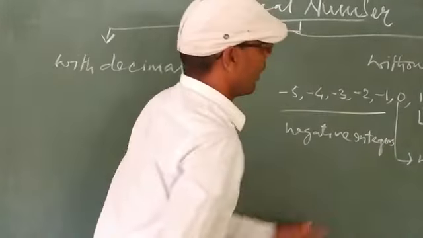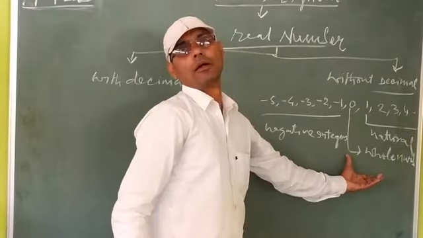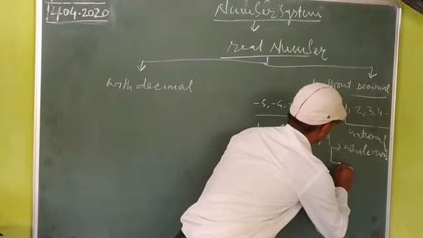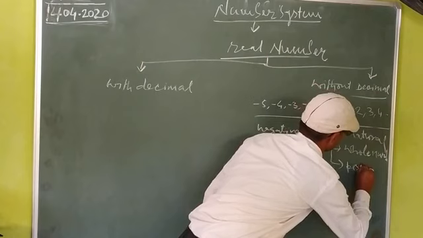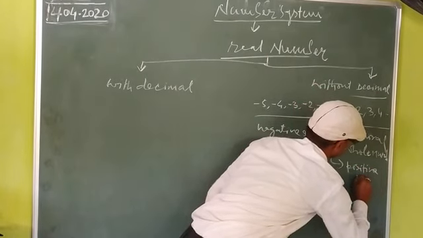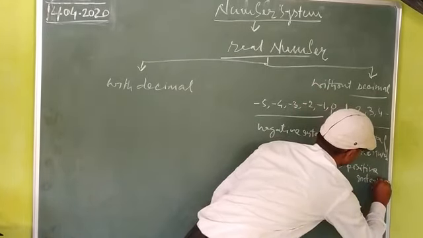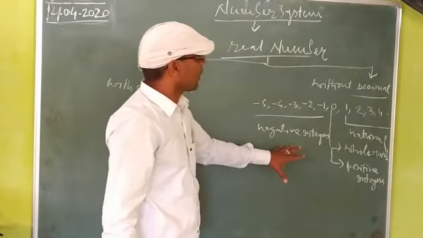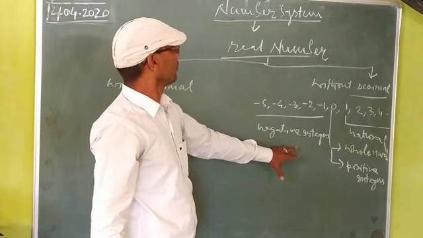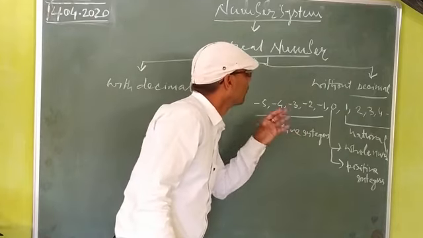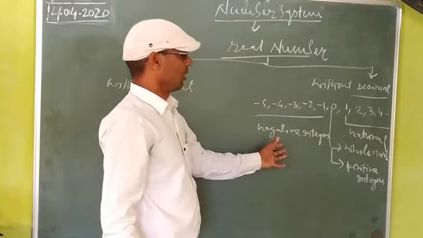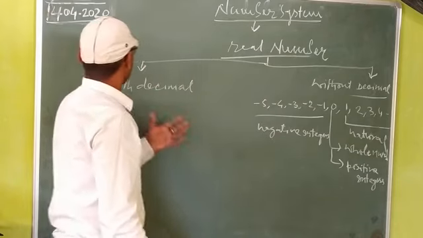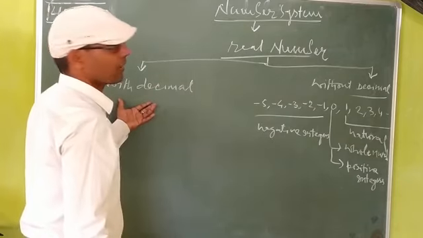You can combine these with the positive integers. Yes. Now these are the numbers without decimal, which are in the category of real. Now we will go here with decimal.